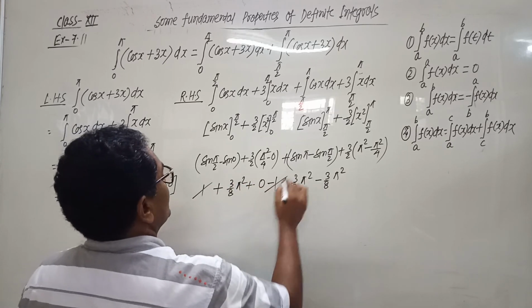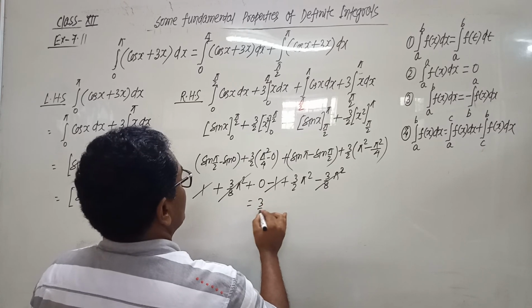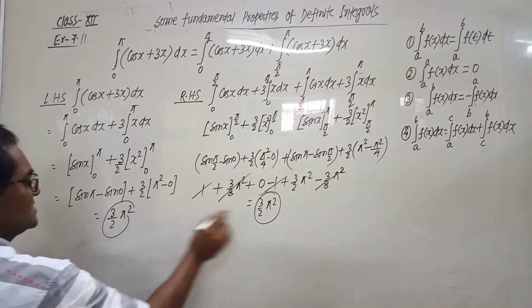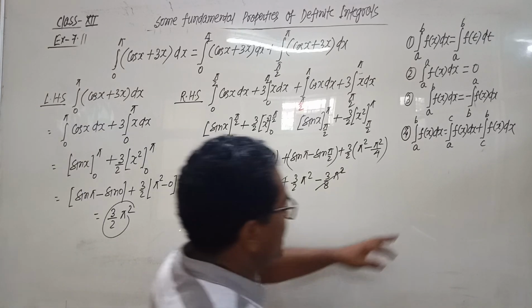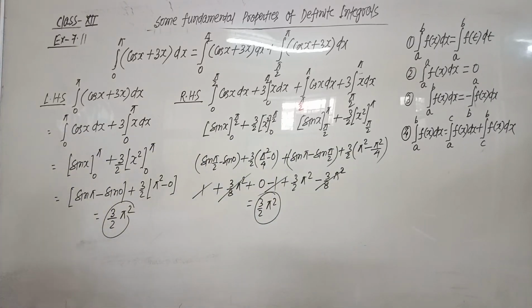So plus 1 minus 1 cancel, plus and minus 3 by 8 pi square cancelled, and we get the result 3 by 2 pi square. So this is our RHS and this is LHS. So this property has been proved that integration a to b f(x) dx is written as integration a to c f(x) dx plus integration c to b f(x) dx.